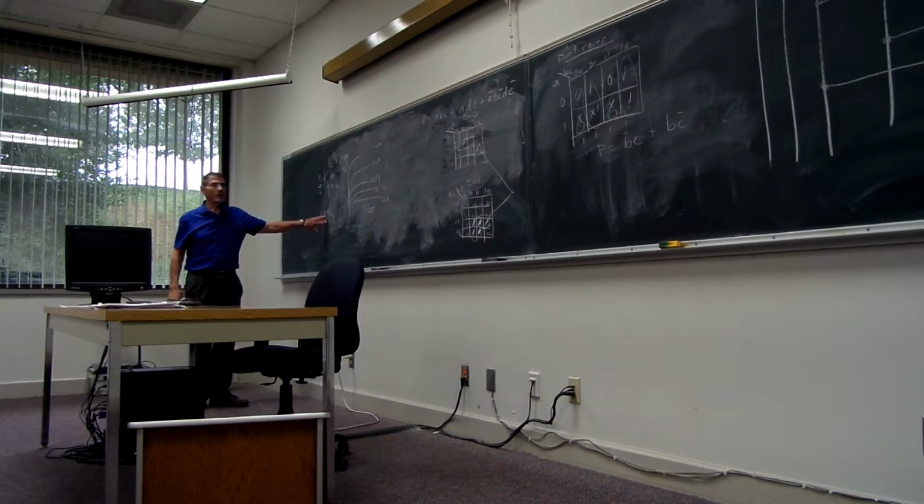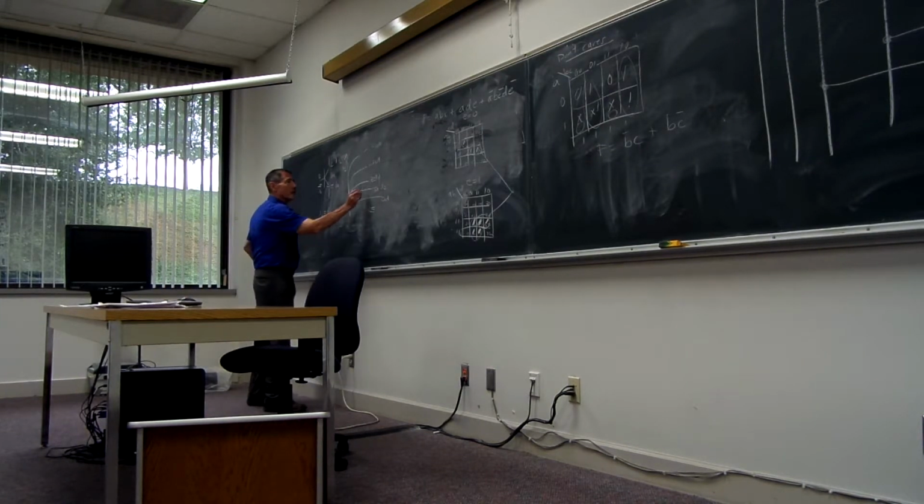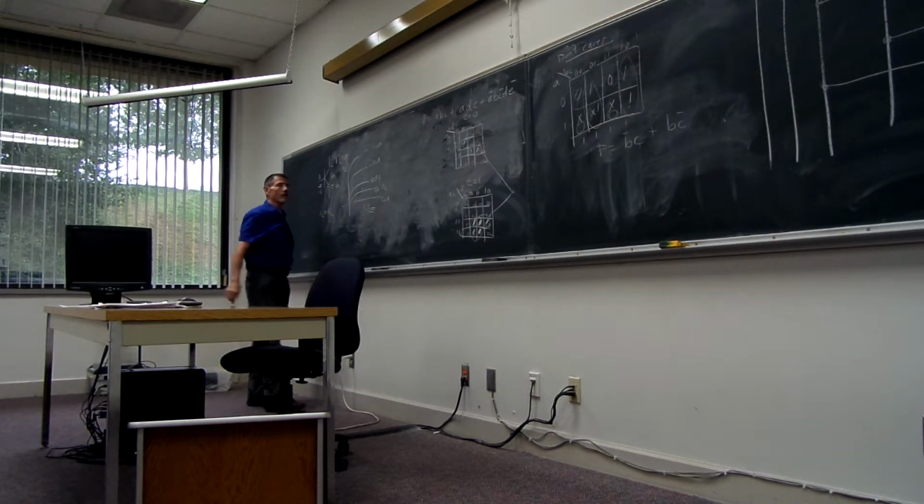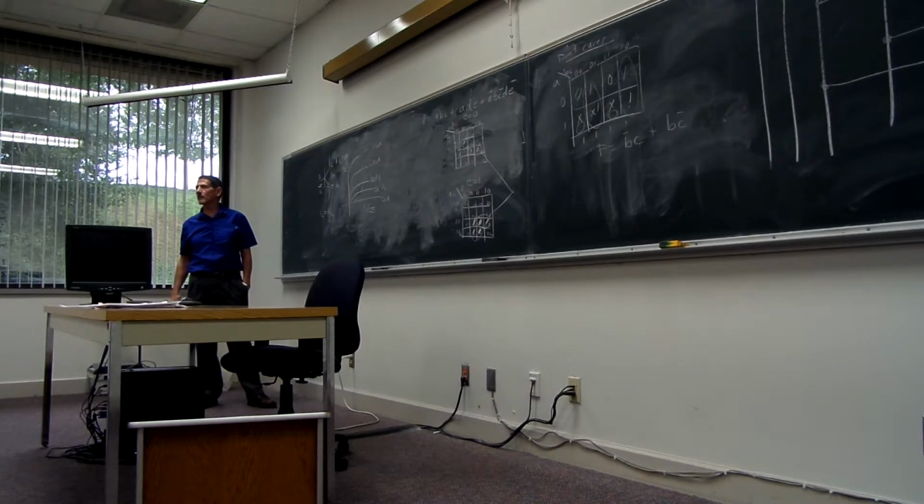If I told you that beta was equal to 100, you come over here and what value of collector current do you end up with?